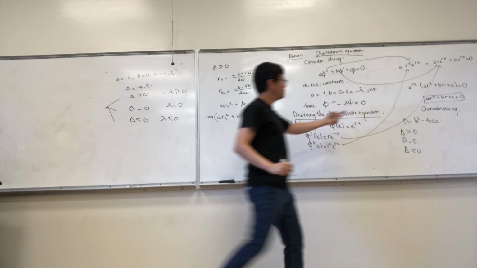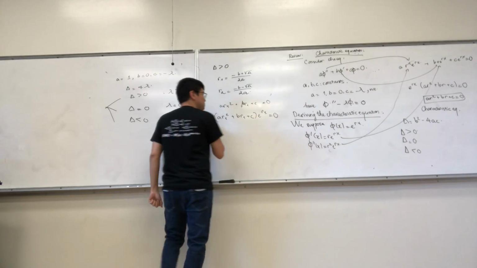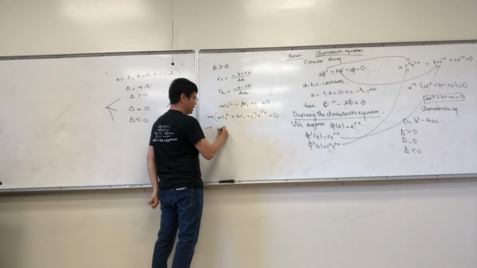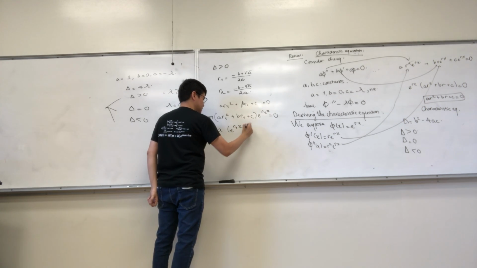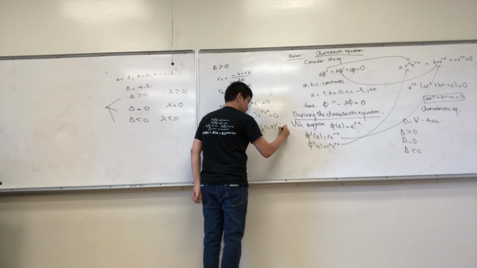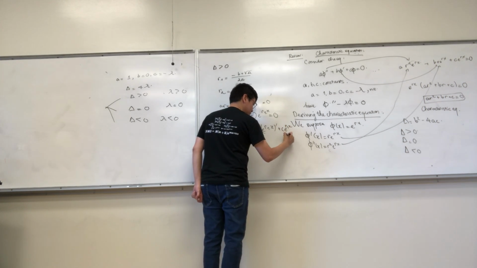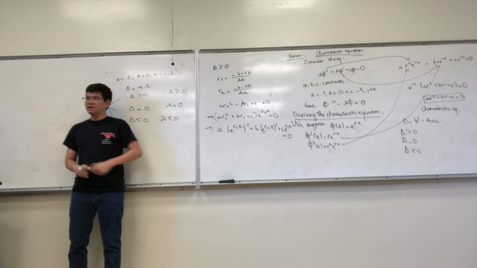Now you go back to this, which means that you have A e to R1 x second plus B e to R1 x prime plus C e to R1 x. This is also 0. It's clear?